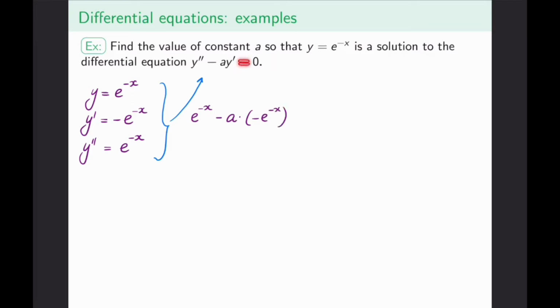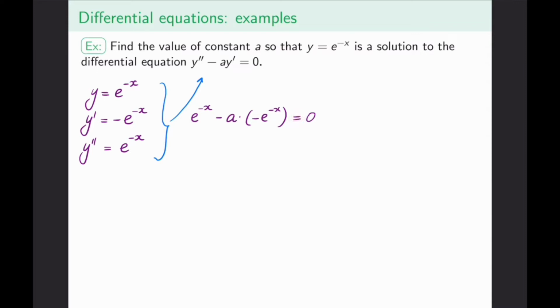And according to my equation, this whole thing has to be equal to 0. Let's see if I can simplify this. I'm asked for what values of a does this actually hold, so I'm trying to find all possible values of a that will make this equation true.